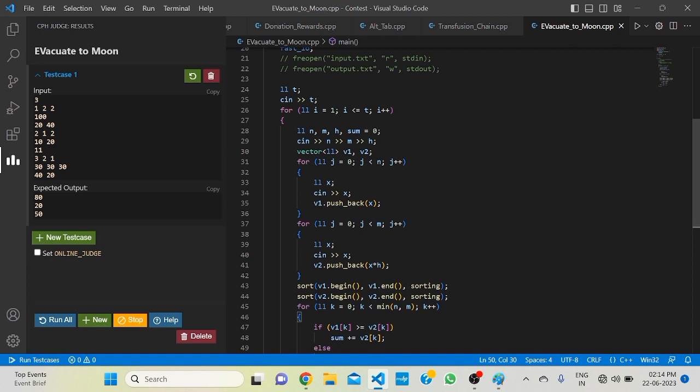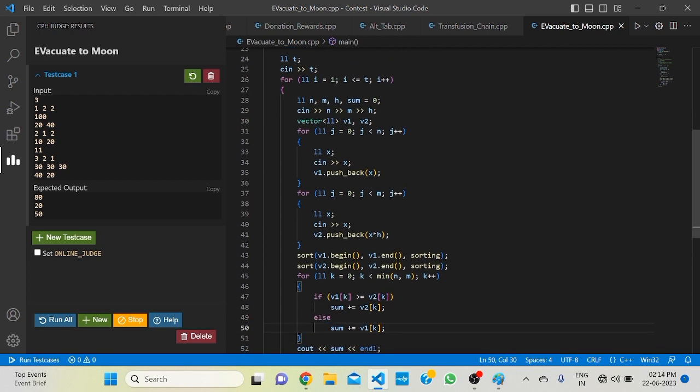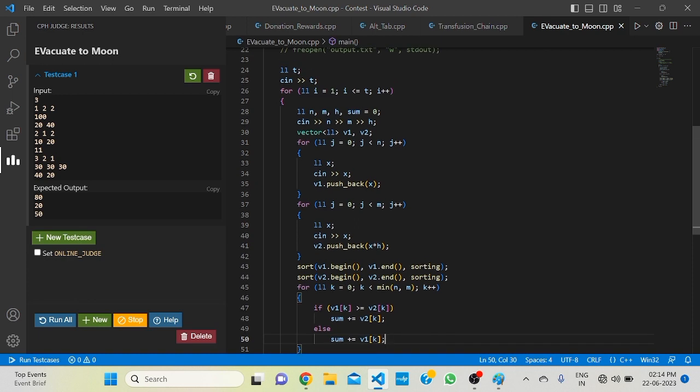Okay, and how will we store the energy? If the multiplication of time and power provided by the outlet is greater than the energy capacity of the car, then we will store the energy capacity of the car.